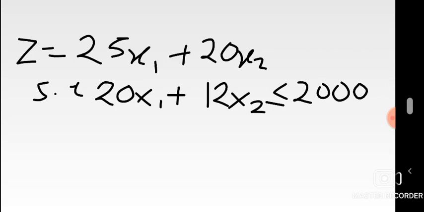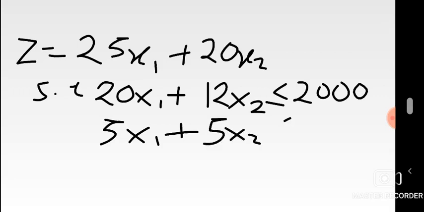Next, 5x1 plus 5x2 less than or equal to maybe 540. So you might be given that linear programming model, and then you're asked to solve it using the simplex method.